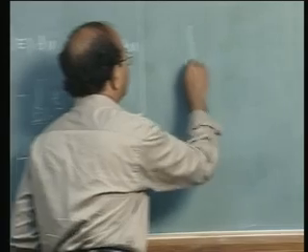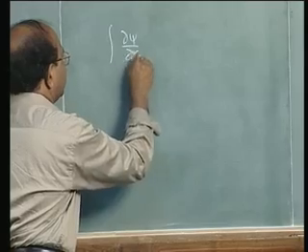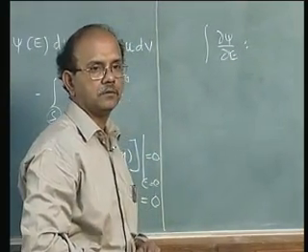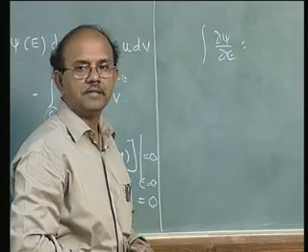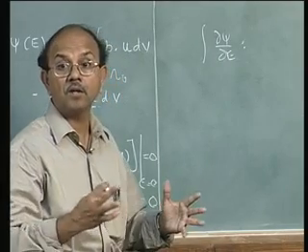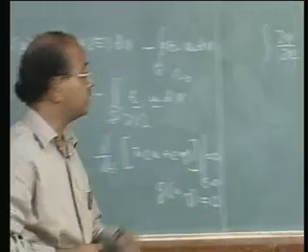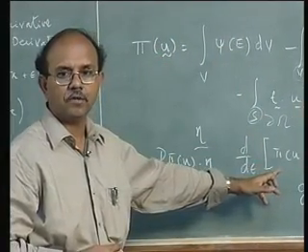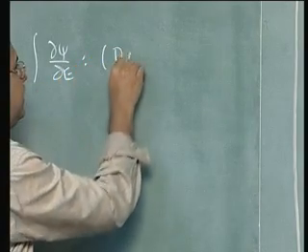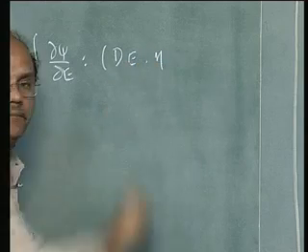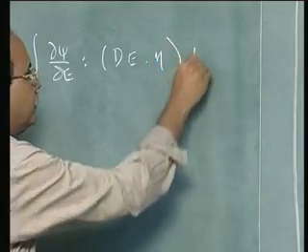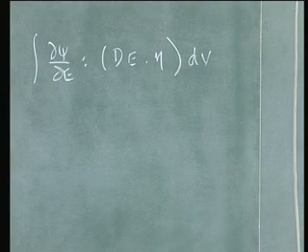So that first term can be written as ∂ψ/∂E into the directional derivative of E along η, because that is what I am going to do here. So the directional derivative of E along η, which can be written as dE·η, dV, that's the first term there.